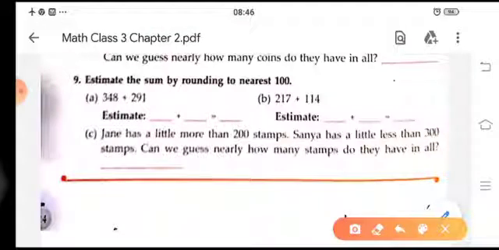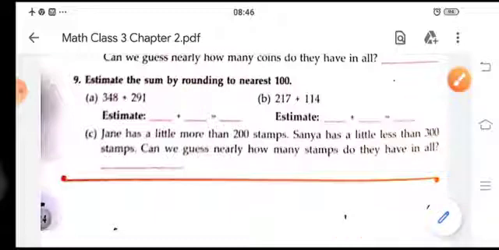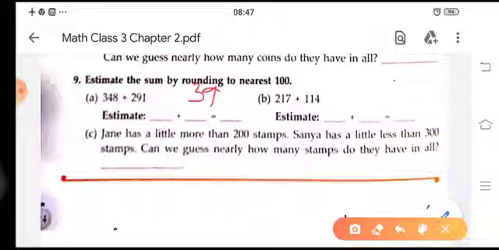So we'll remove both of the numbers at the tens place and at the ones place. So if we add these numbers, 348, what does it become? 8 plus 1 is 9, then 9 plus 4 is 13, 3, then 2 plus 3 is 5, and plus 1 is 6.